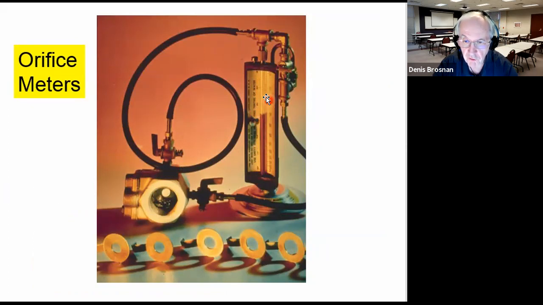So the differential pressure is going to tell us how much gas or air is flowing through the system. And each one of these orifice meters has an orifice plate in it. And you choose a different size opening depending on what flow range you're interested in. And we'll be able to use published data to find the gas flow or airflow.